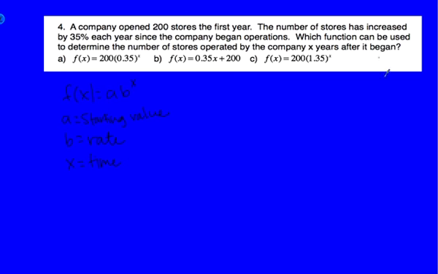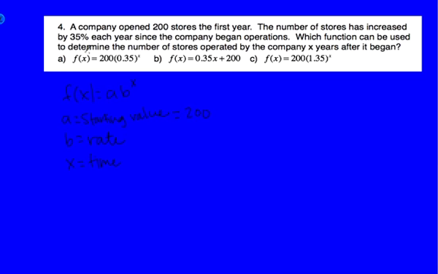So when we read back in the problem, we need to be looking for what we think is our starting value, what has to do with our rate, and what our time would be. In the first sentence it says a company opened 200 stores the first year. That means the starting value is going to be equal to 200. It also tells us that the number of stores has increased by 35% each year since the company began operations.